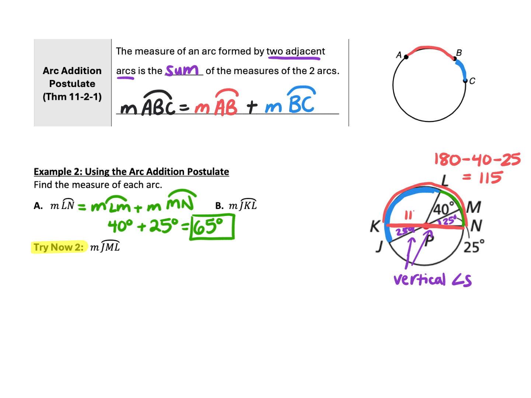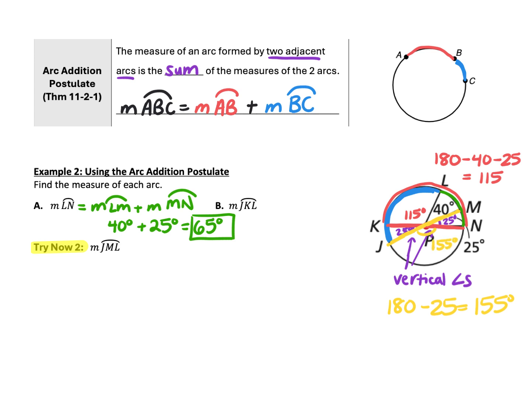So this angle right here is 115 degrees. And then similarly, we could use a second diameter, this diameter right there, and figure out that this angle here is just 180 less 25, and that's 155 degrees.